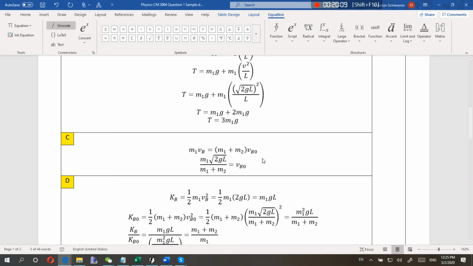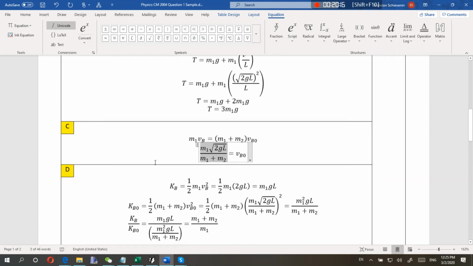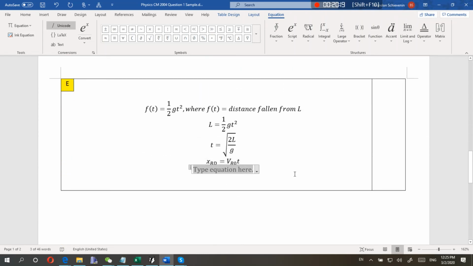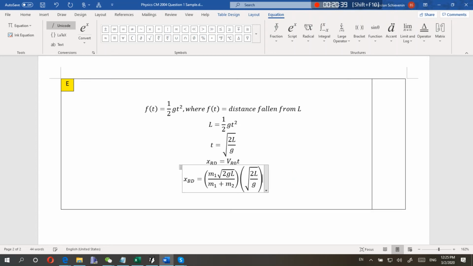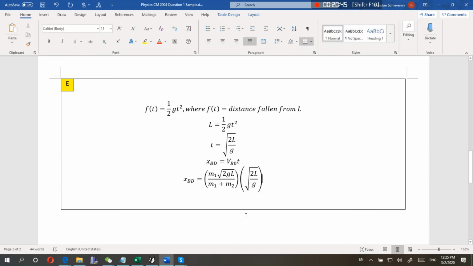I'm going to plug in. Okay, VB, or V after, is this one. XBD is equal to our VB naught times our time. Okay, can anything simplify?